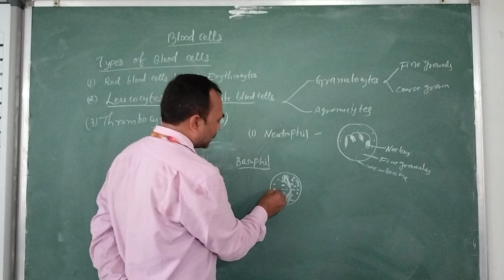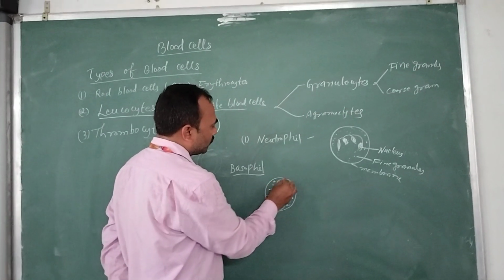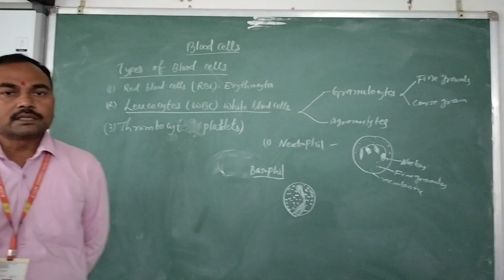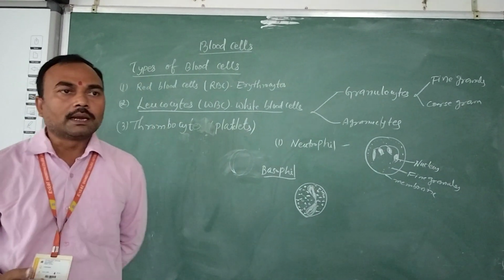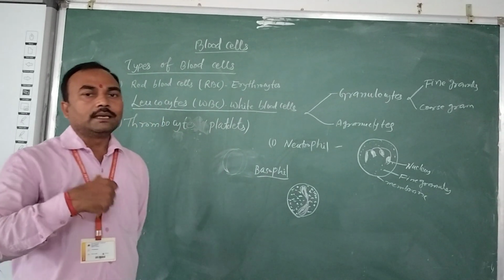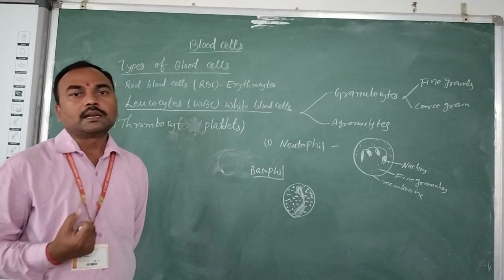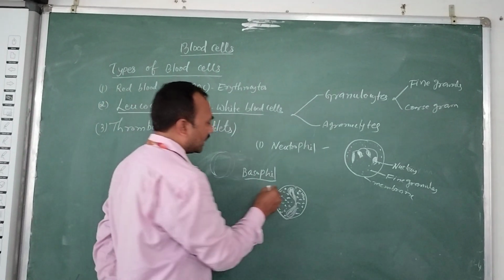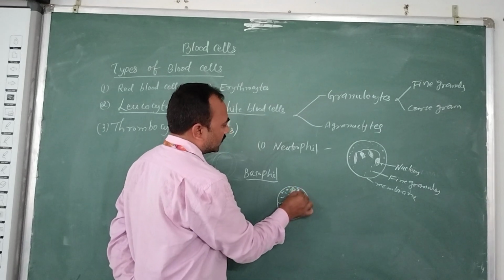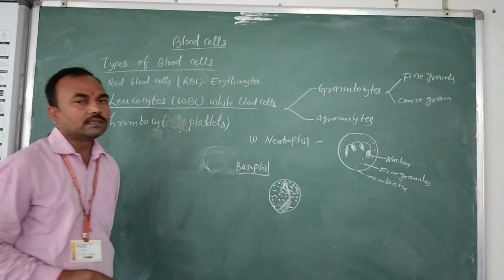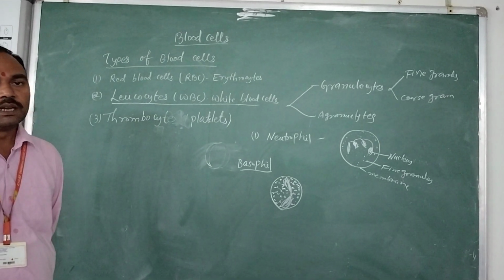Basophils especially increase in some conditions like burns, insect bites, snake bites and so on. In more allergic, hyperallergic conditions, the cell number increases, and that condition is called basophilia.